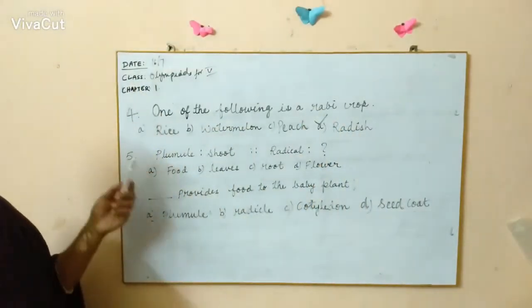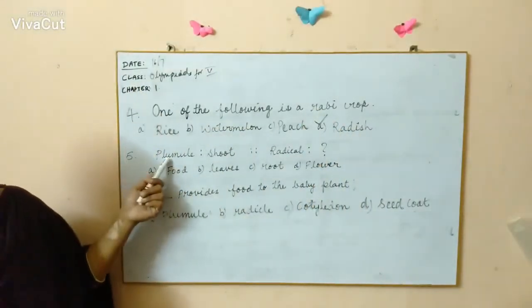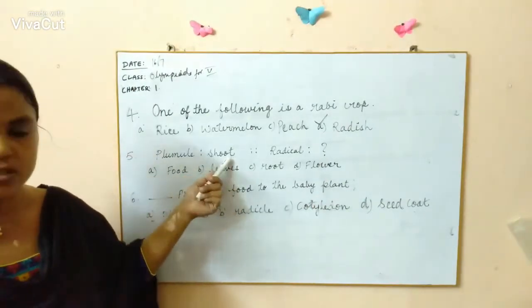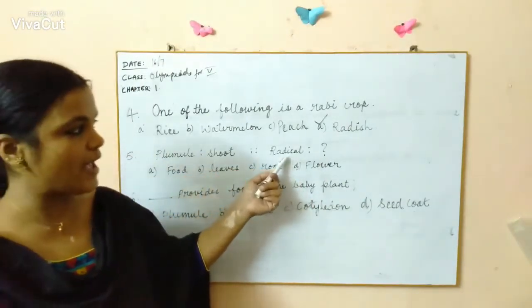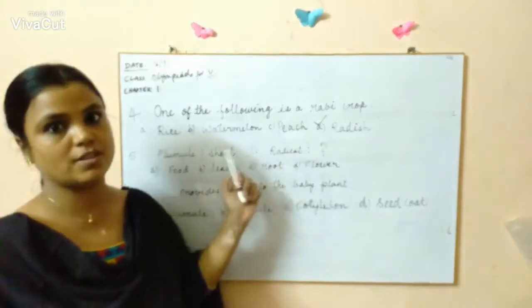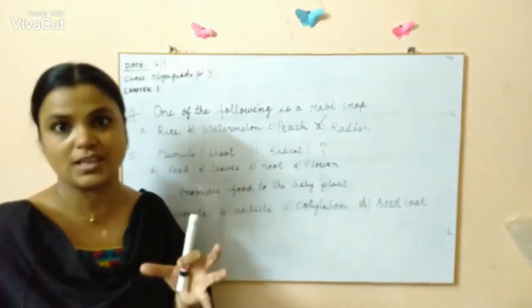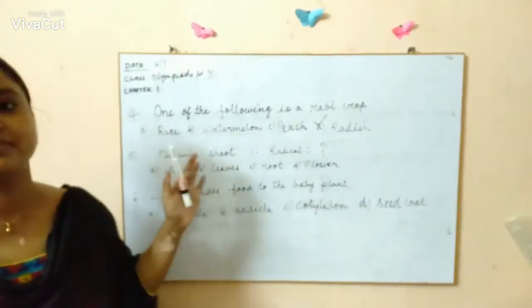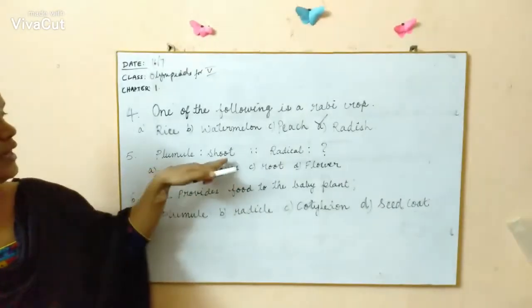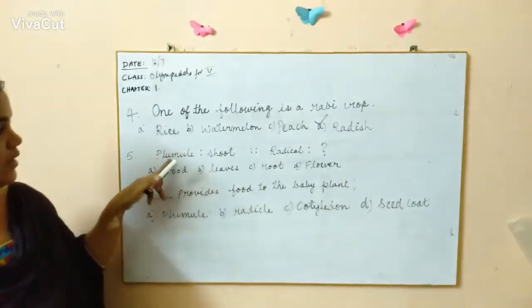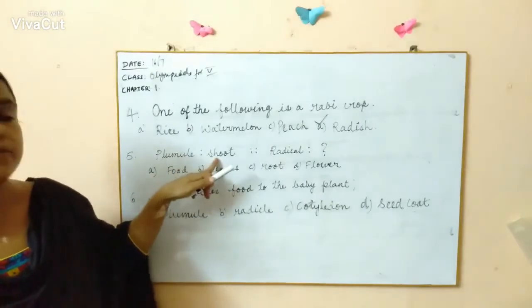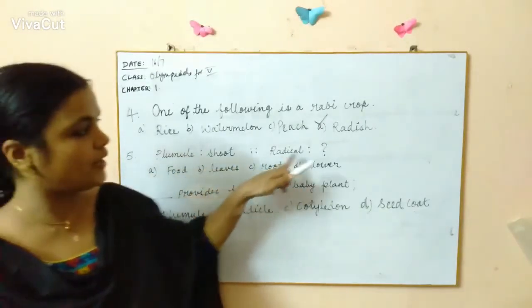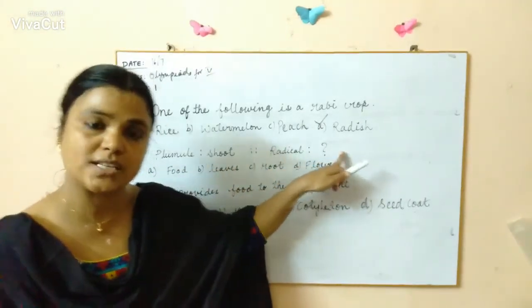Okay? The next one. Plumule is to shoot, as radicle is to what? It is a kind of analogy, okay? Plumule is to shoot, that means plumule gives rise to shoot. And radicle, it gives rise to what?